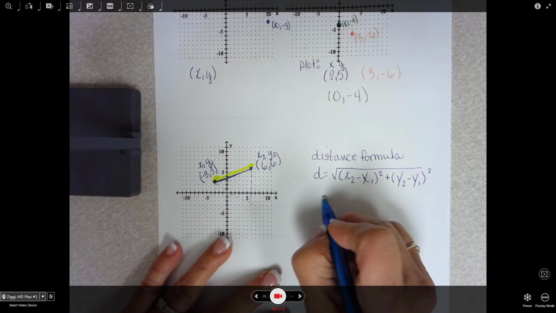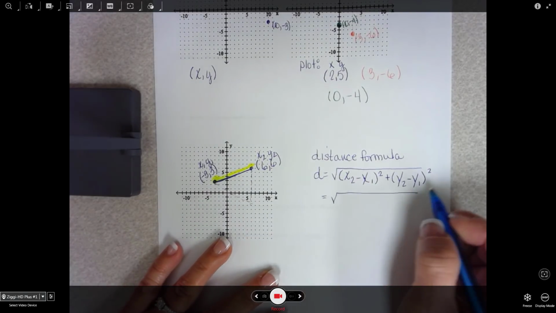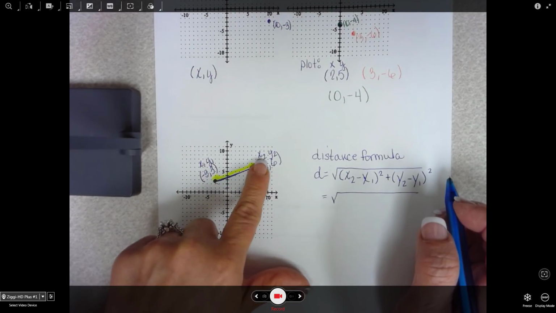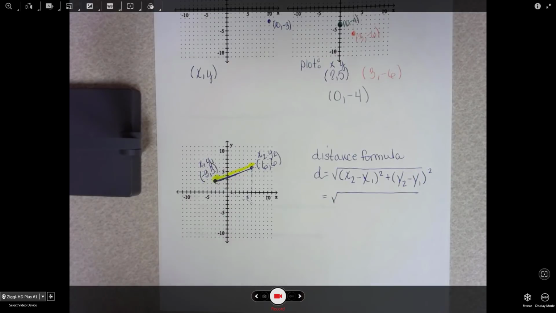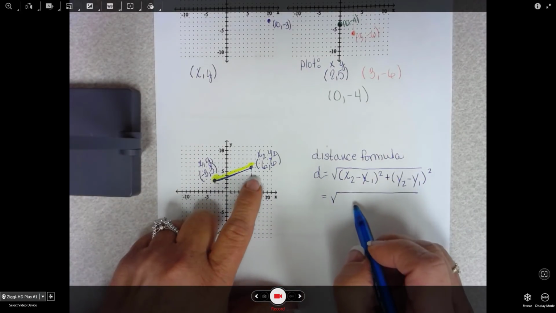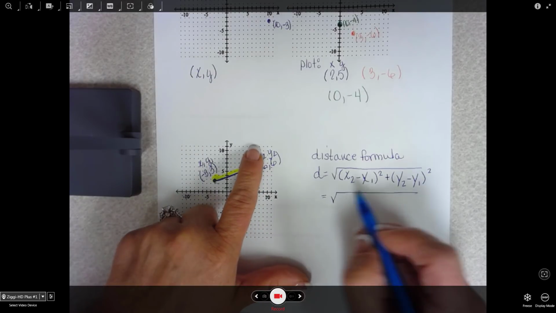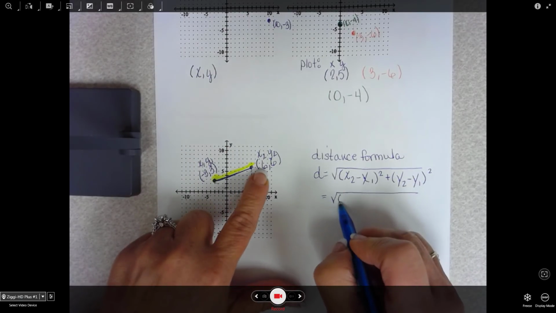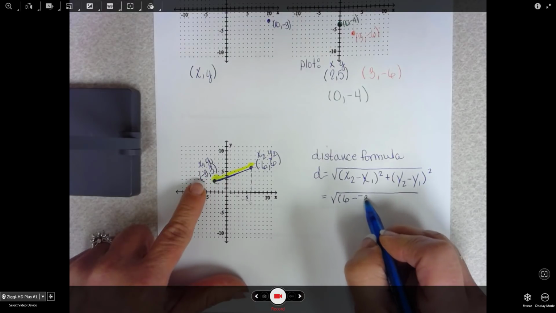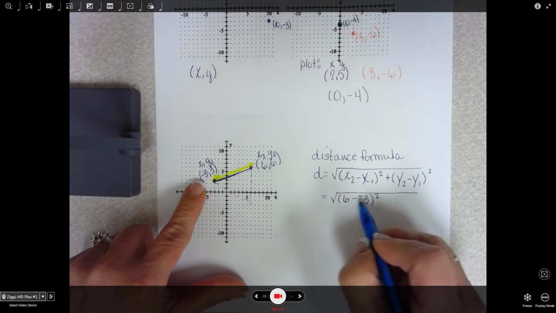So let's just plug them in. This is point 1, which has the x1, y1, and point 2, which has x2, y2. Doesn't matter which one is point 1 or point 2. But I'm just going to plug in the values the way I have them assigned. x2 is 6 minus x1 is a negative 3. Be very careful with your minus negative signs.